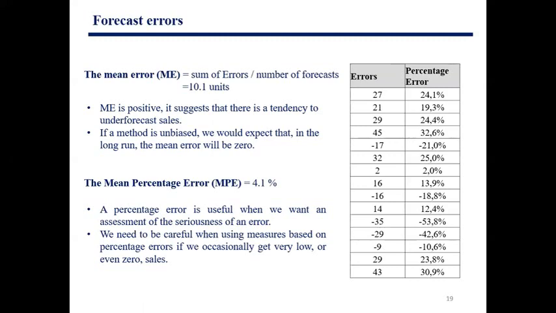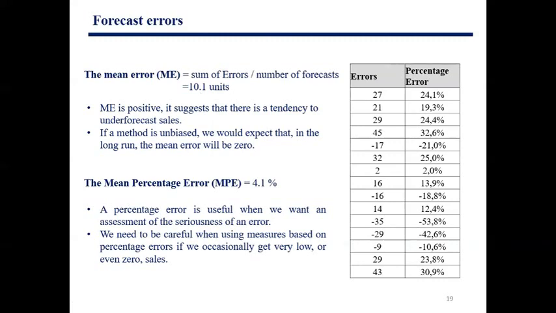Percentage error is very useful when we want an assessment of the seriousness of an error, because you see here we have a mean error of 10.1 units, but we don't know, is it bad, very bad?